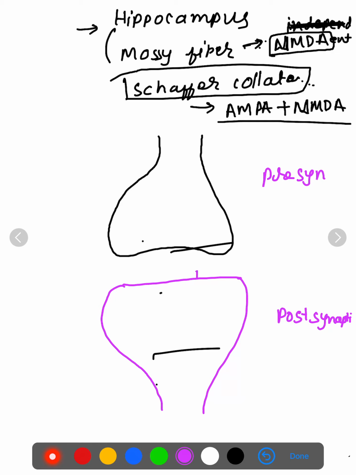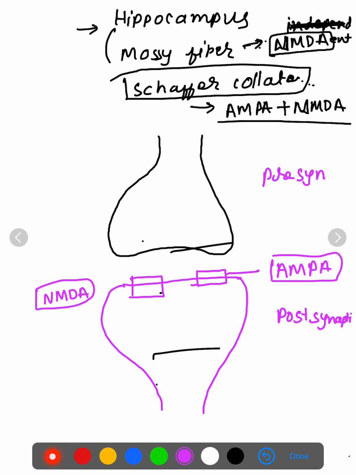Now here, two receptors are there. Here it is AMPA and here it is NMDA, N-methyl D-aspartate. Right now I am not recollecting the full form of AMPA. So two receptors are there, one is AMPA, another is NMDA.